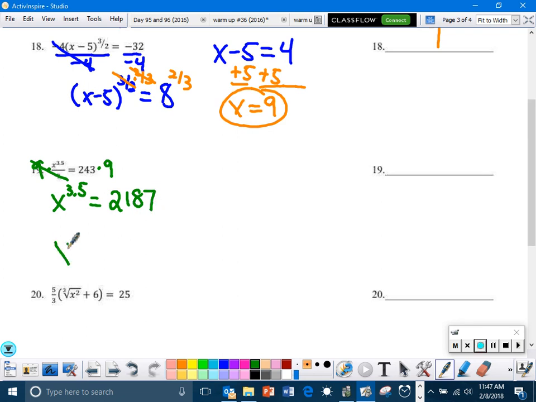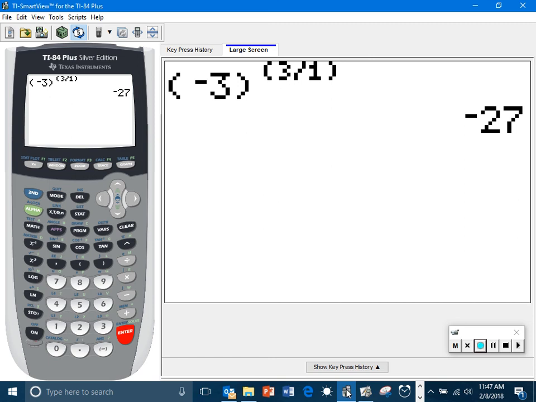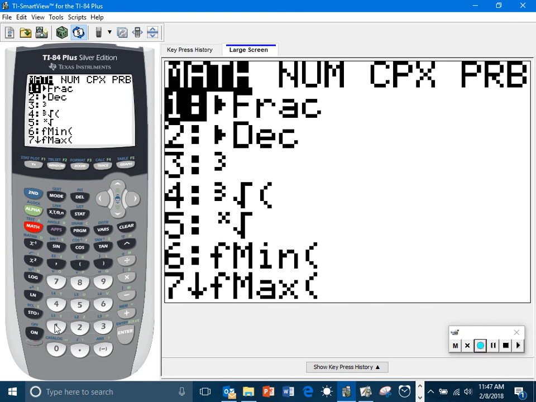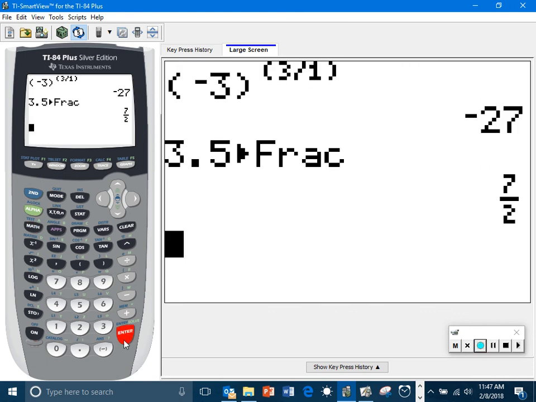Now, we need to convert the decimal into a fraction so that we can continue solving it. So again, on your calculator, we're going to take the decimal. We're going to use our math button, fraction, and 3.5 as a fraction is 7 over 2.